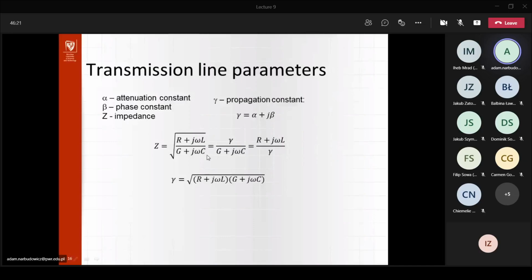Now I mentioned to you earlier that C, the capacitance, can be modeled as simply the area between the two wires. And then the inductance L is basically the magnetic energy stored around the cable while the current is flowing in the cable.